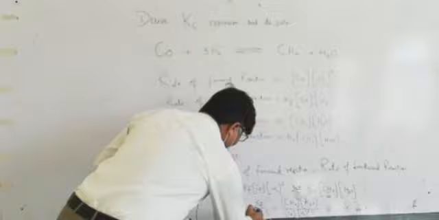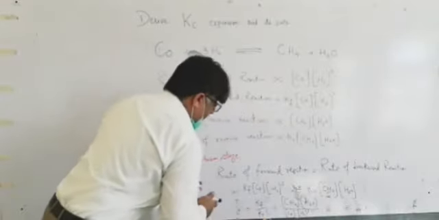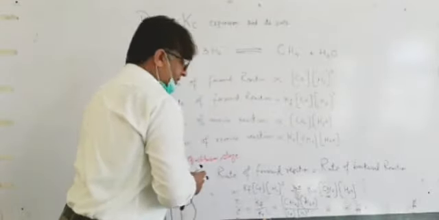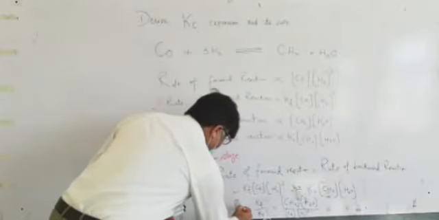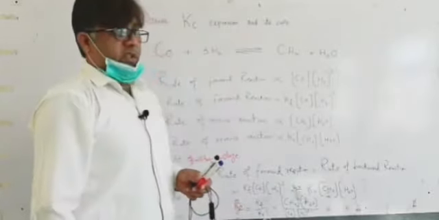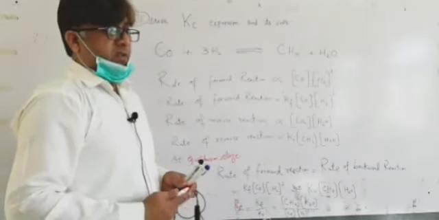So you can write this ratio of rate of forward and rate of reverse as the Kc expression. This one is your Kc value, right?